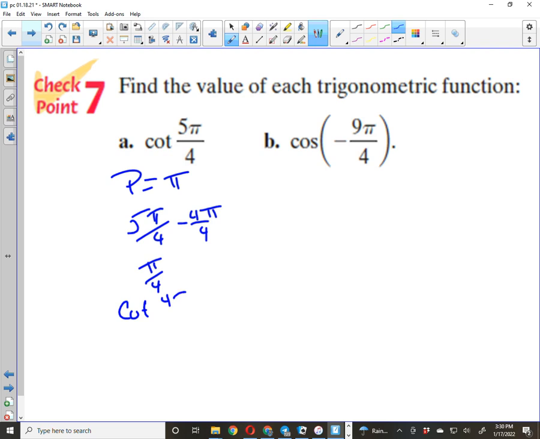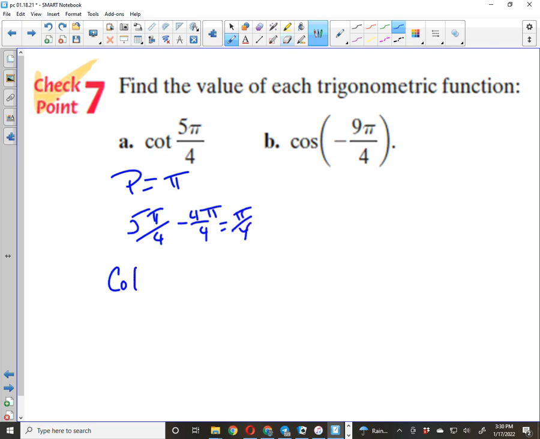I'm sorry, pi over 4, where's my eraser? I guess we're going to erase it all, aren't we? All right. This is equal to pi over 4.